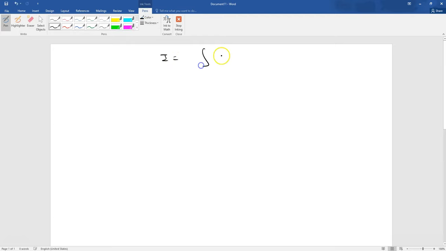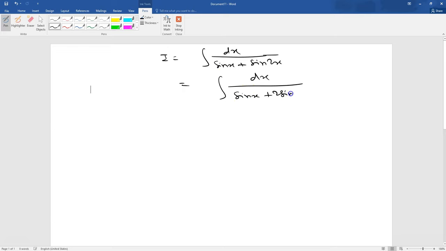I is equal to dx upon sine x plus sine of 2x. Correct. तो इसे हम dx sin x sin 2x को लिख देंगे 2 sin x cos x. करेक्ट.